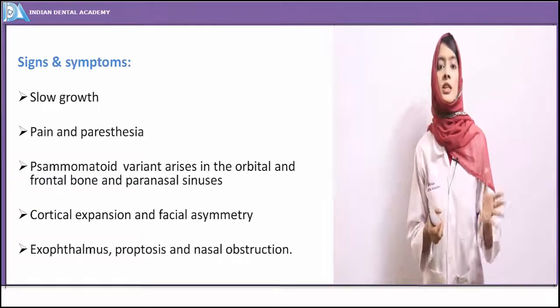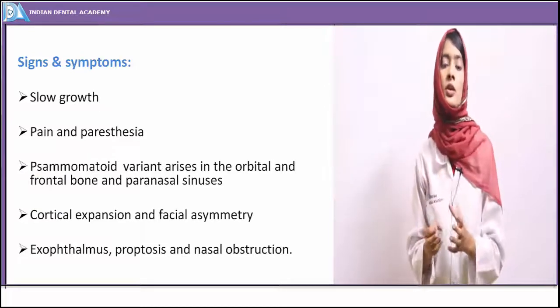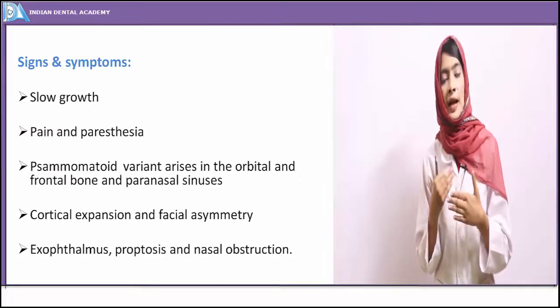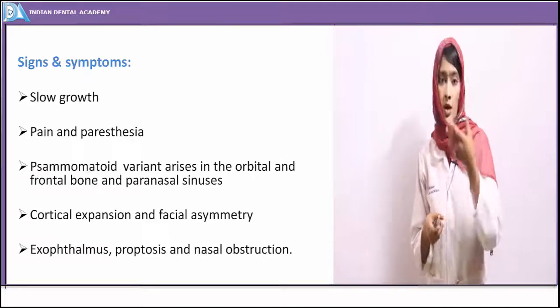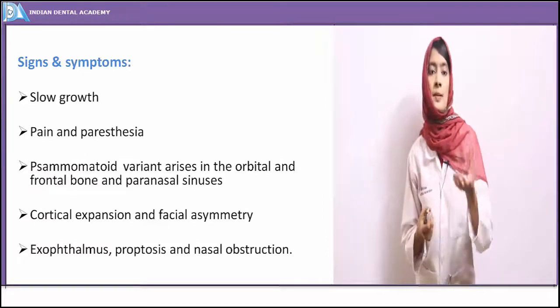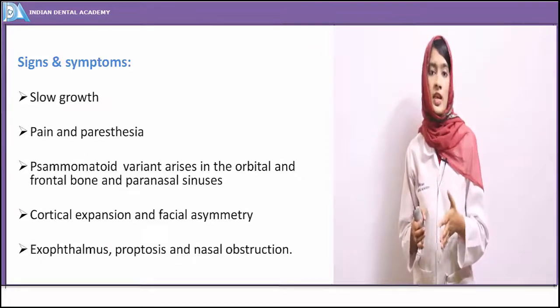Initially the lesions are slow growing. Progressive growth, pain and paresthesia will be noted because of involvement of the orbital and frontal bones. The paranasal sinuses may be underdeveloped, and features of sinusitis may be seen.